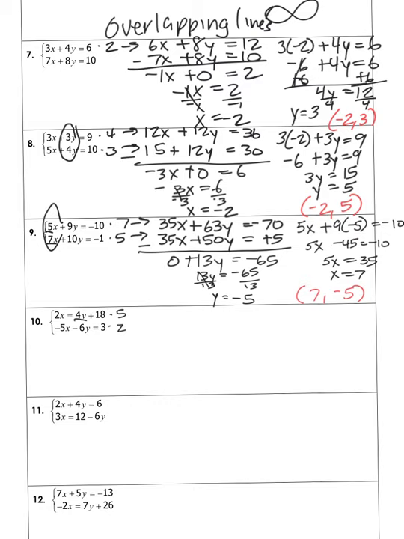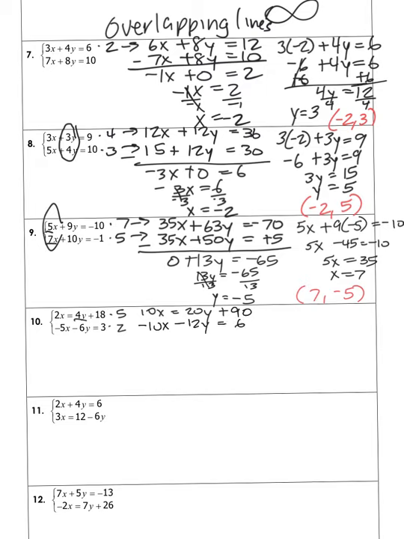First, let's multiply. So this will give me 10x equals 20y plus 80. Is that 80? No, it's 90. Okay. And then negative 10x minus 12y equals 6.